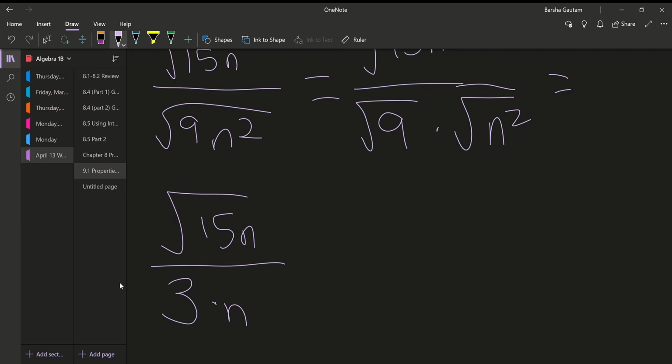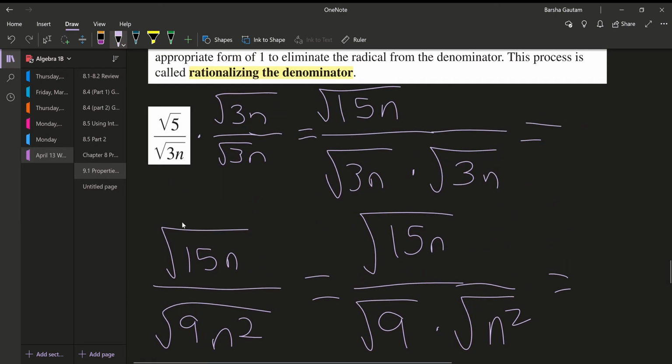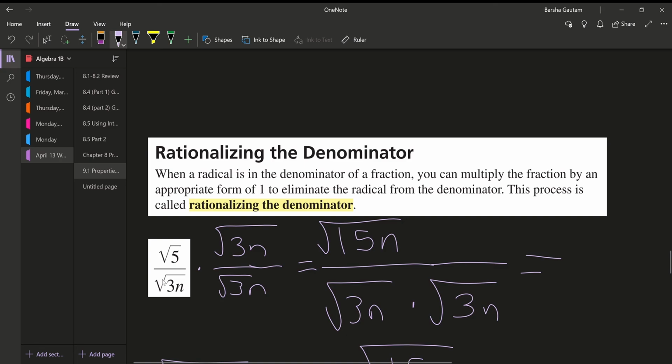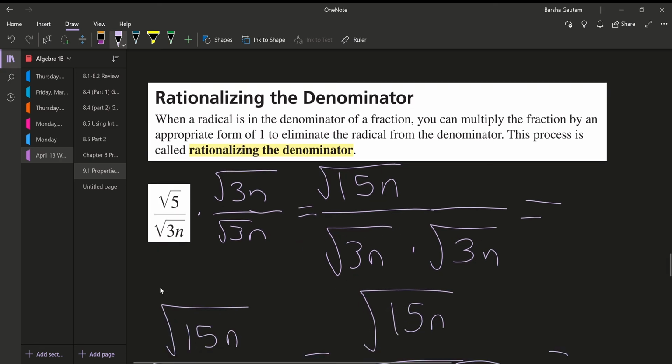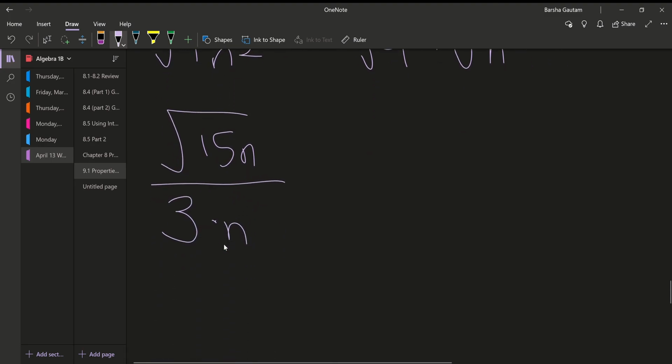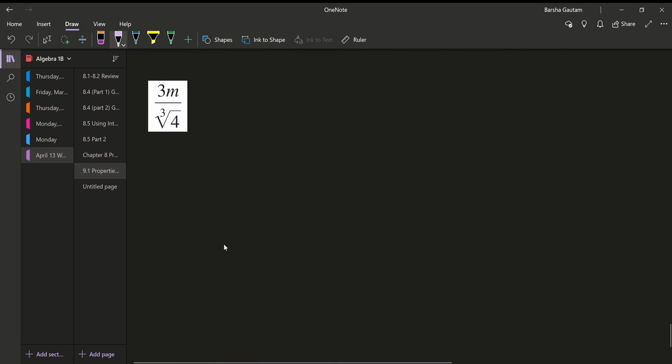And notice that this 3n is the same one over here without the symbol. So when we multiply it by itself, we get the same answer without the symbol. However, this method will not work in all cases. If you have something like this, it's going to be a little different.